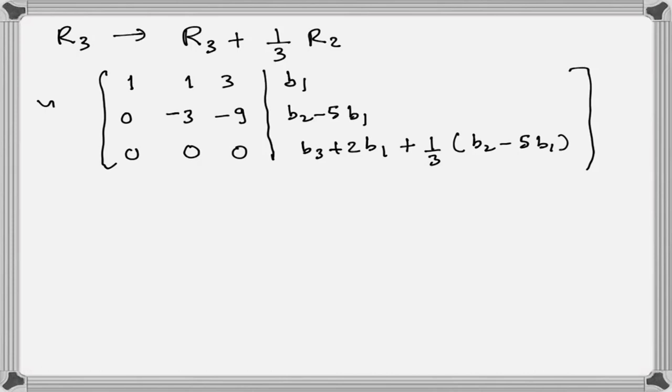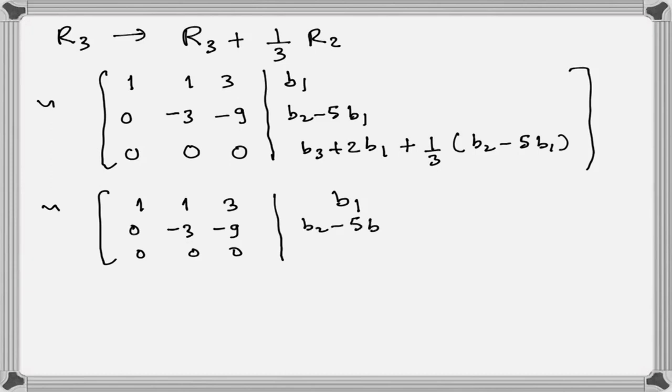Okay, so what do we get? We get 1 1 3, 0 minus 3 minus 9, 0 0 0. This is b1, this is b2 minus 5b1, and this is (b1 plus b2 plus 3b3) divided by 3.